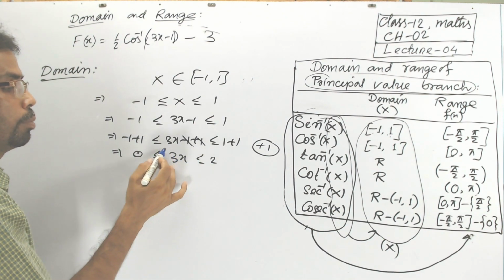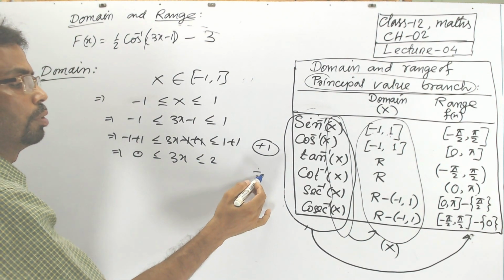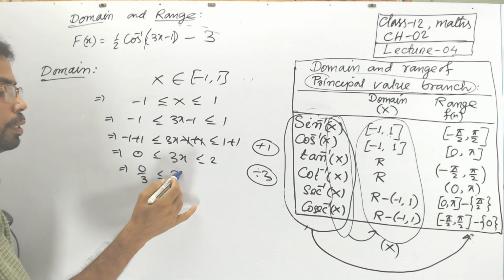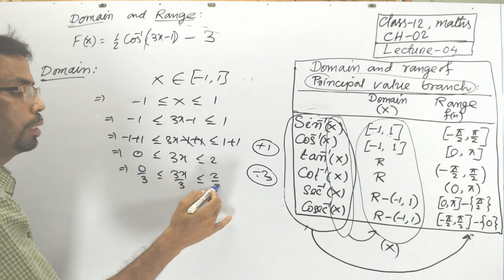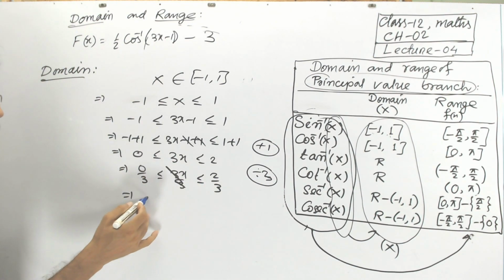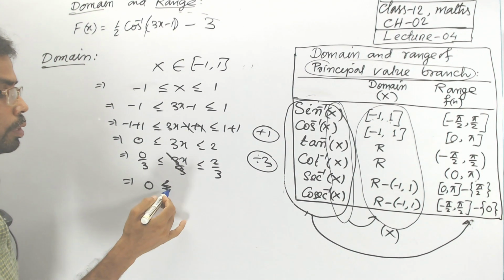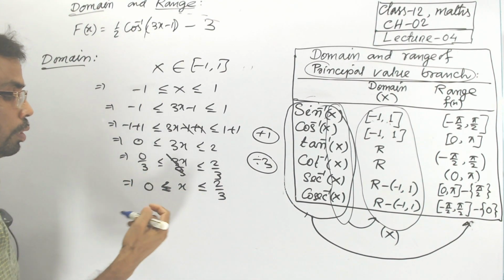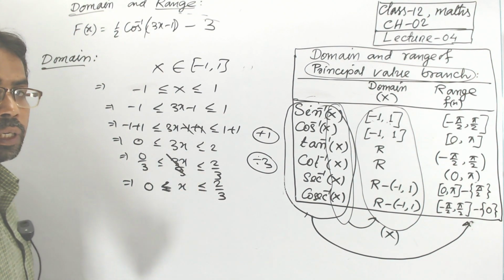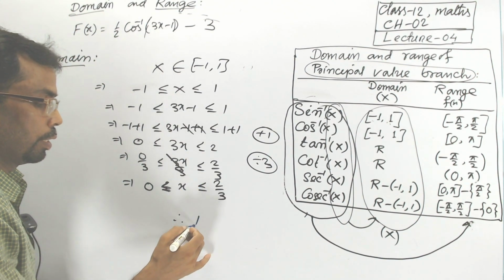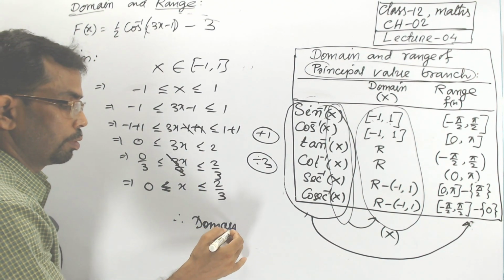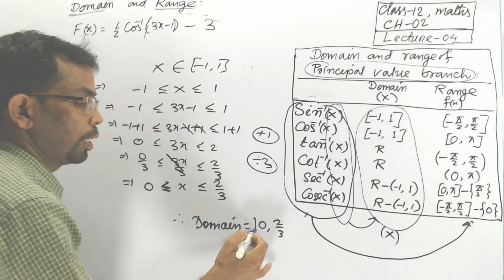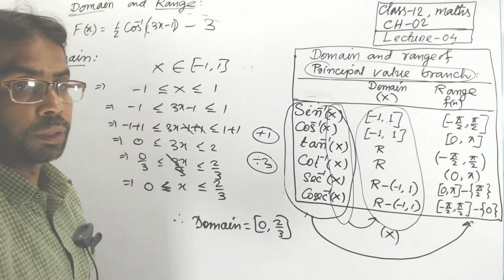Then remove this 3, so divide each term by 3: 0 by 3, 3x by 3, 2 by 3. Finally we got the x values from 0 to 2 by 3, which is the domain of the function. So I can write: domain is equal to 0 to 2 by 3. Equal sign is there, so I have to write a closed interval. So this is the domain, finished.